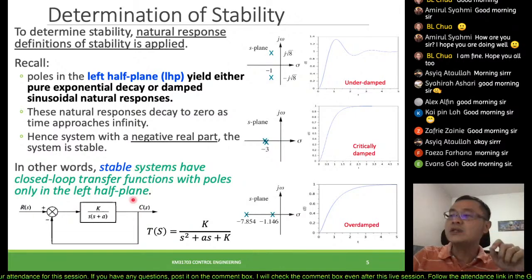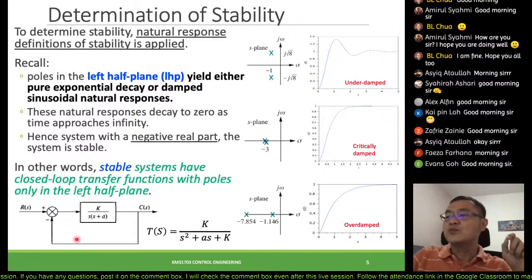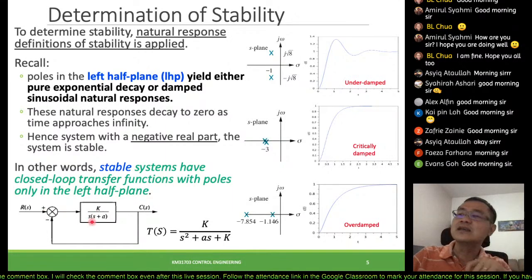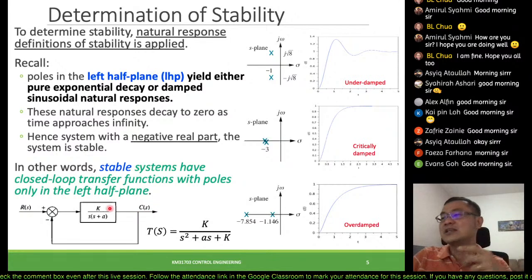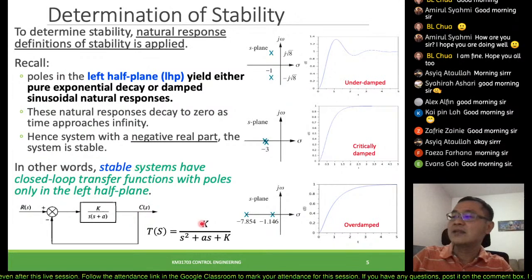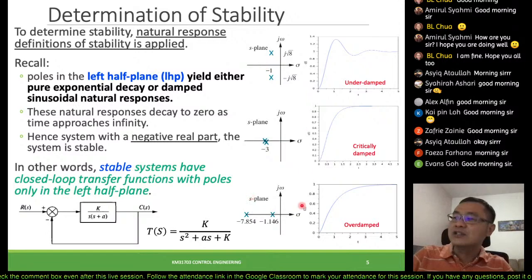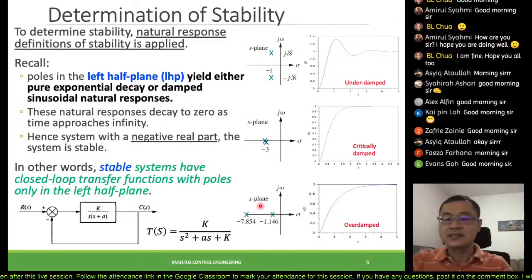Even though it is a closed loop transfer function, when we simplify it into a single block diagram, it will eventually form a second order transfer function similar to this. From this we can evaluate the stability of the system.